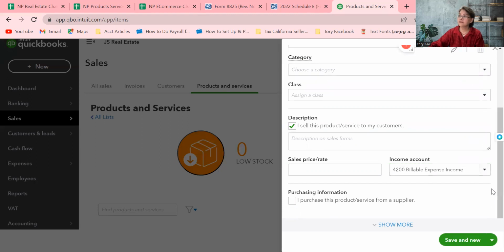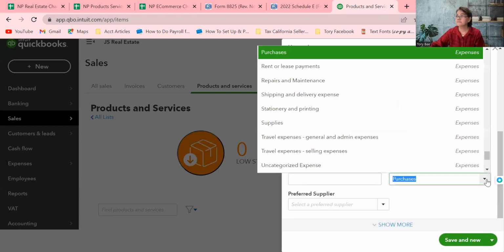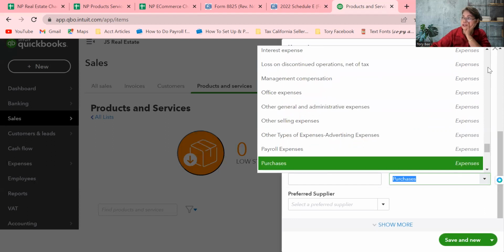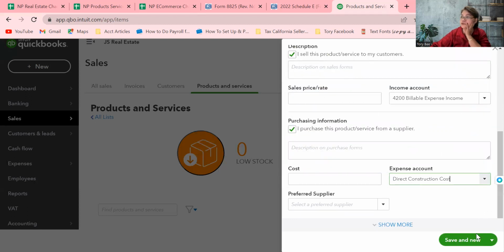Billable income, show more. I think it is a direct cost. Save and close.